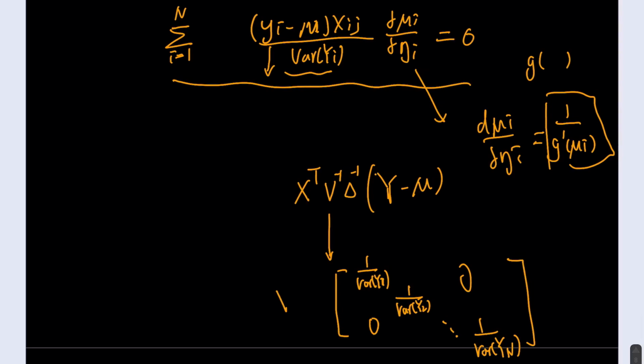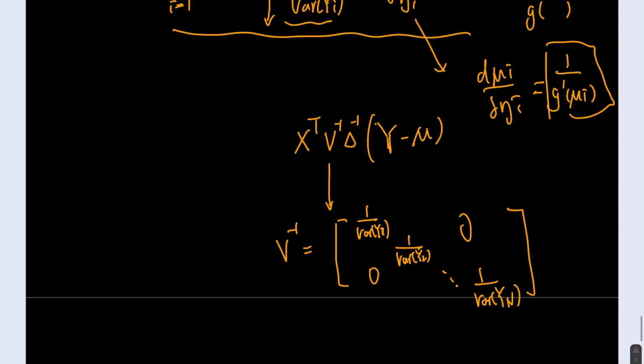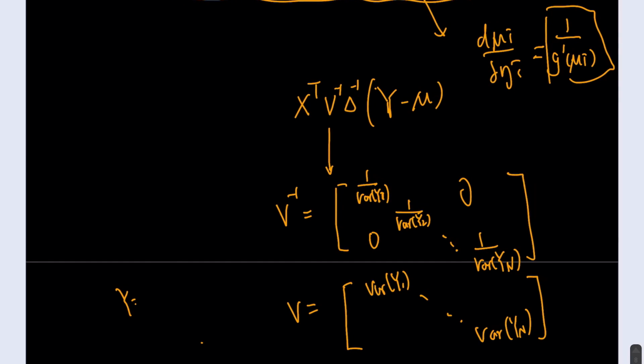That is our V inverse, which means V is a diagonal matrix with variance of y on the diagonal. How do I know it is a diagonal matrix? This has to do with the assumptions we made for the random component in GLM. If you remember, we said the yi are independent, so the covariance of any yi and yj is going to be 0.